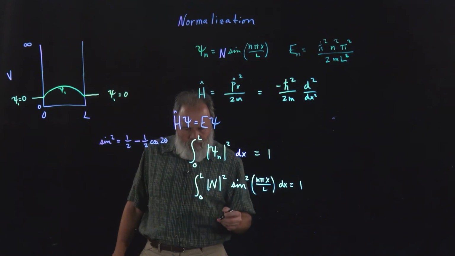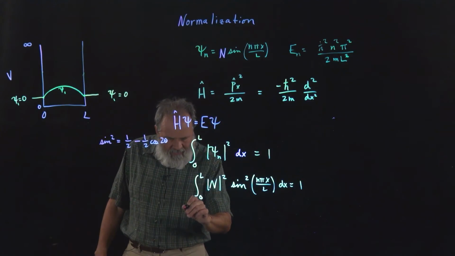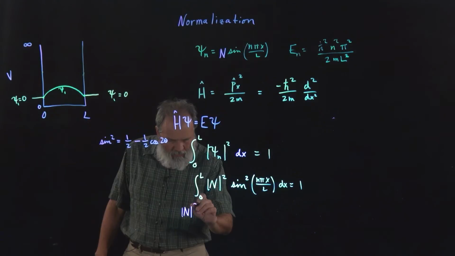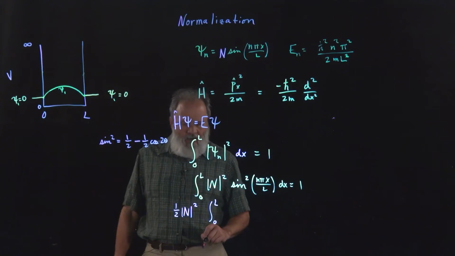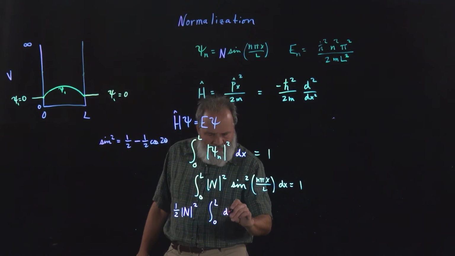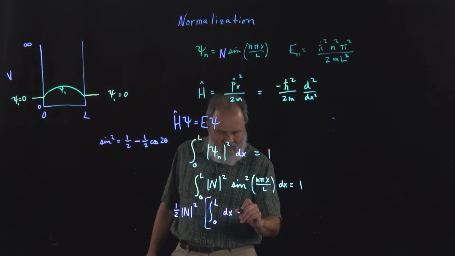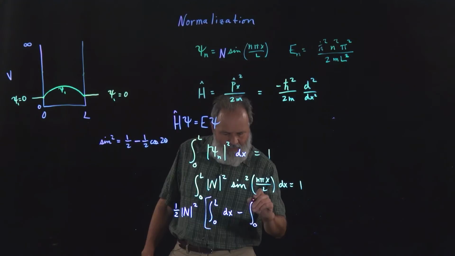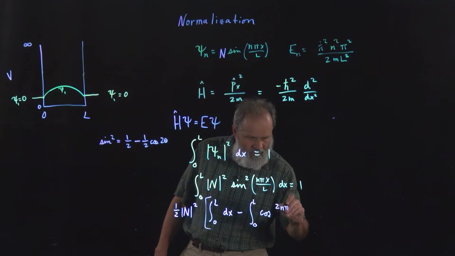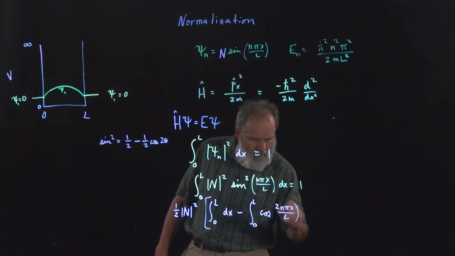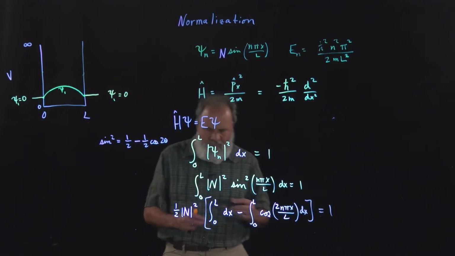All right, so notice that there's a 1/2, so I'm going to put the 1/2 and the n squared outside the integral, range 0 to L. All right, now integral of 1, or dx, and then minus integral from 0 to L of the cosine of the double angle, which is 2n pi x over L dx. All that's going to be equal to 1.